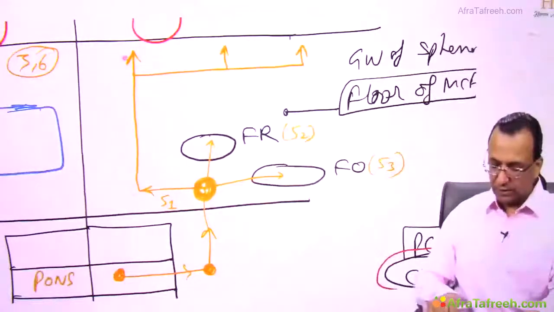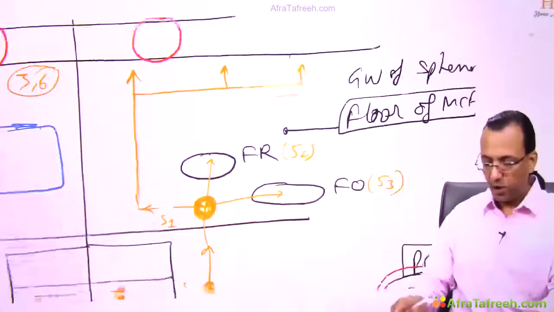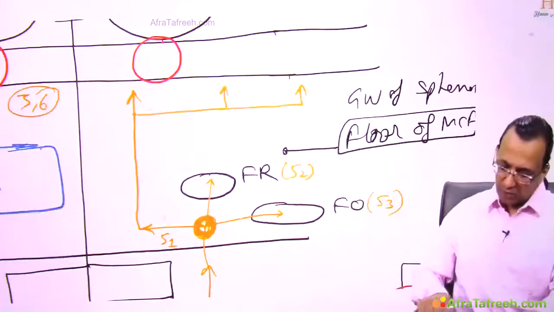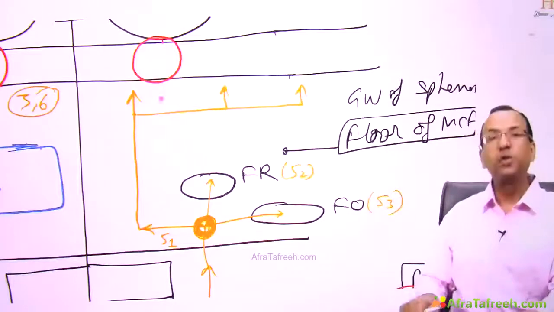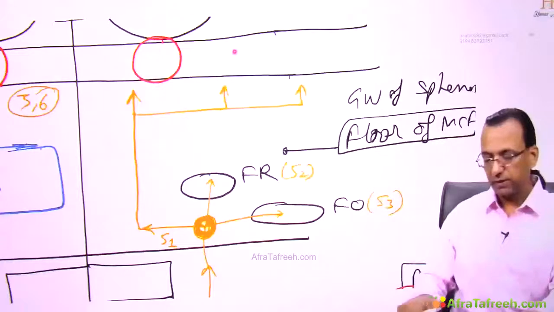Can you tell me what the three branches of the ophthalmic nerve are? And who is passing inside the ring of Zinn? Who is outside the ring of Zinn? This is the discussion.